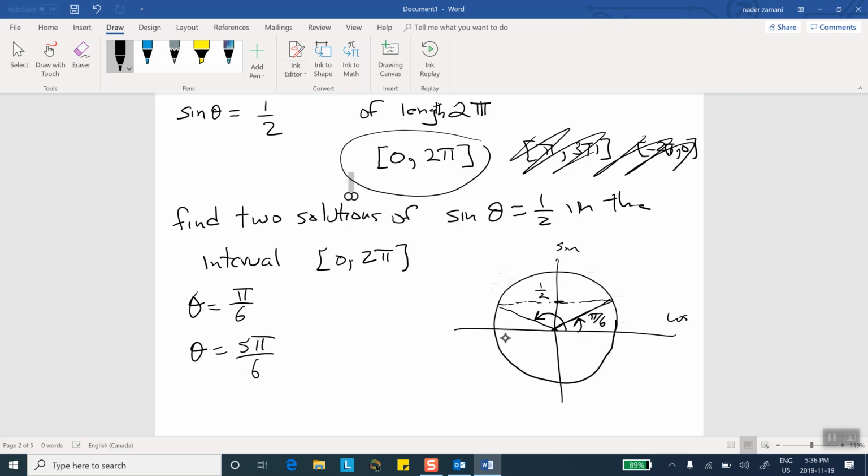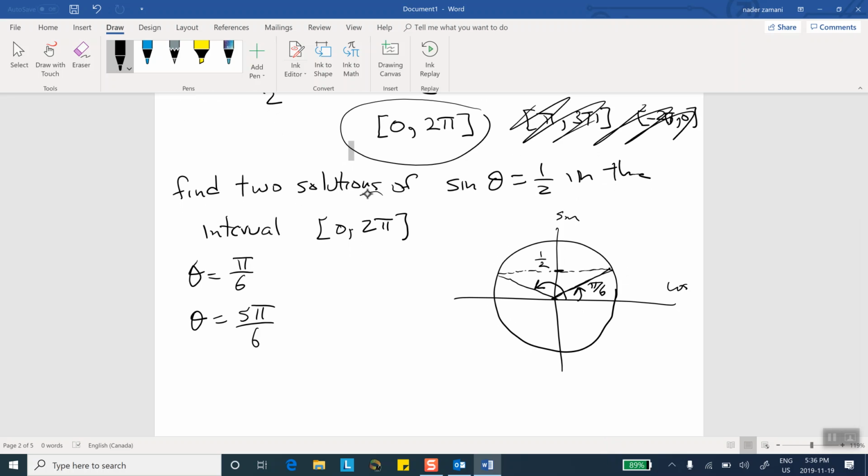So pi minus pi over 6 is 5 pi over 6. So that's what you did. You found two solutions in an interval whose length is the period of the function, which is 2 pi. And therefore, we are pretty much done. There is no other angle in this interval whose sine is going to be 1/2.